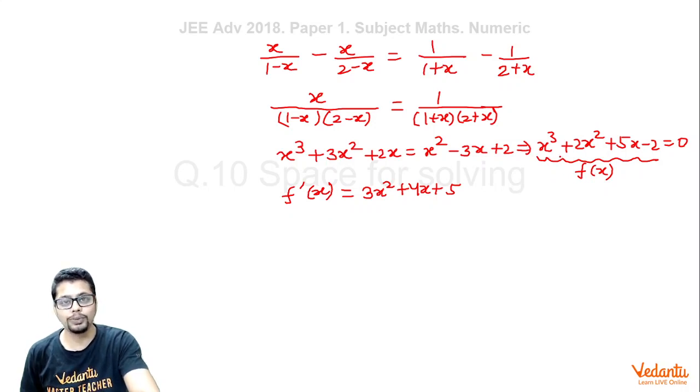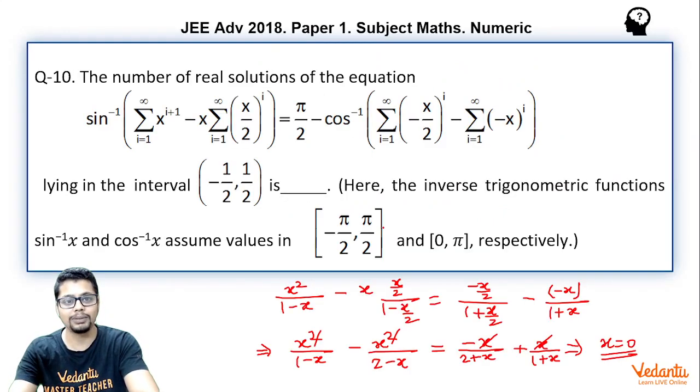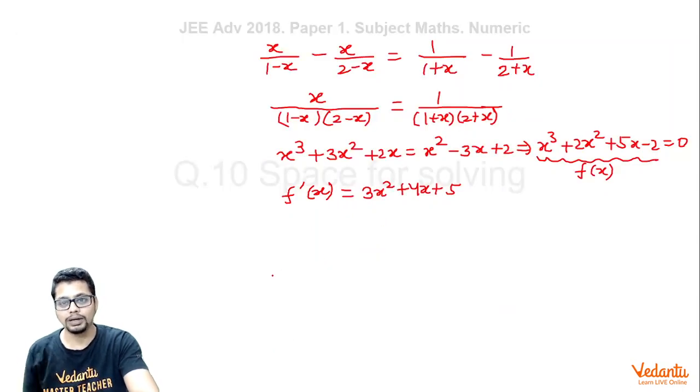Now since this is a cubic, as x goes to minus infinity it will go to minus infinity, and as x goes to infinity it will go to infinity. So that means there will be exactly one root of f of x equal to 0. Now to figure out an approximate location of the root, since we are ultimately concerned about this interval minus half to half, let's explore the values of this function for x within this range.